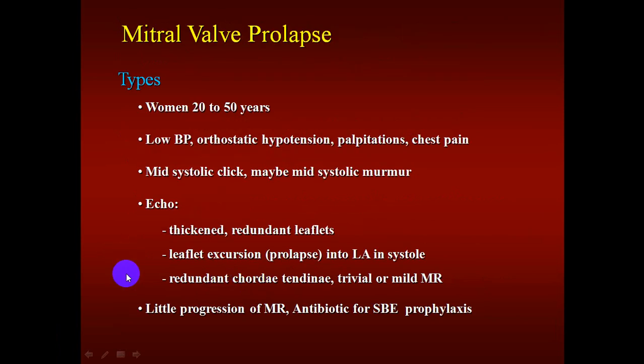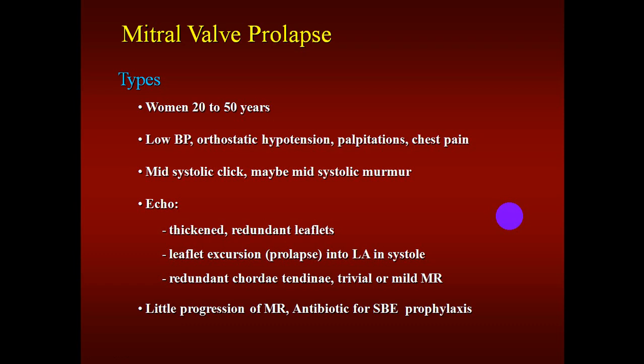Types of mitral valve prolapse. As we say, mitral valve prolapse is the commonest cause of mitral regurgitation in Western nations. In a woman 20 to 50 years old, with low blood pressure, orthostatic hypotension, palpitation, and usually atypical chest pain.